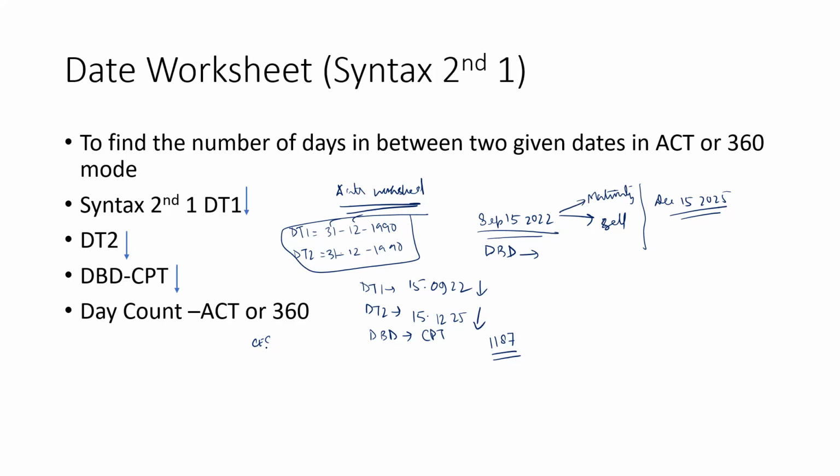Press second, and then press the down key. In this date format itself, in this particular worksheet itself, after you have found the DBT, press the down key. Can you press the down key?